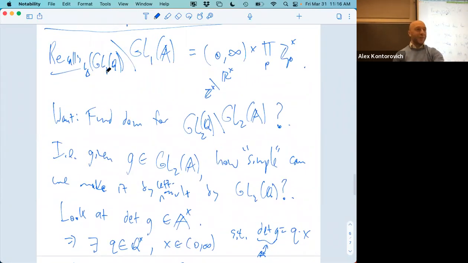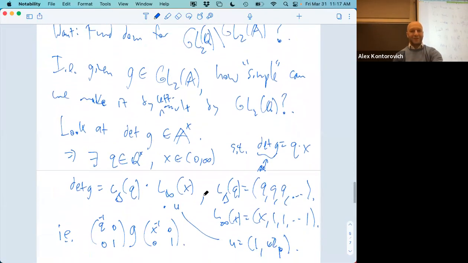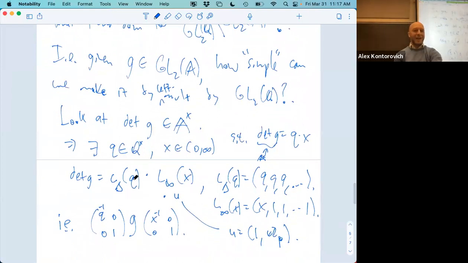So when I multiply by a rational number, I can take an edel, multiply on the left by a rational number. Of course, it doesn't matter which side I multiply by. And I'll get something that's in all ZPs and some real number between 0 and 1. Well, if I multiply by that real number between 0 and 1 to make this thing 1 on the nose, so that's multiplying by X inverse, and multiplying by Q inverse will get me something that is 1 in the real place and then in ZP for all the other places.